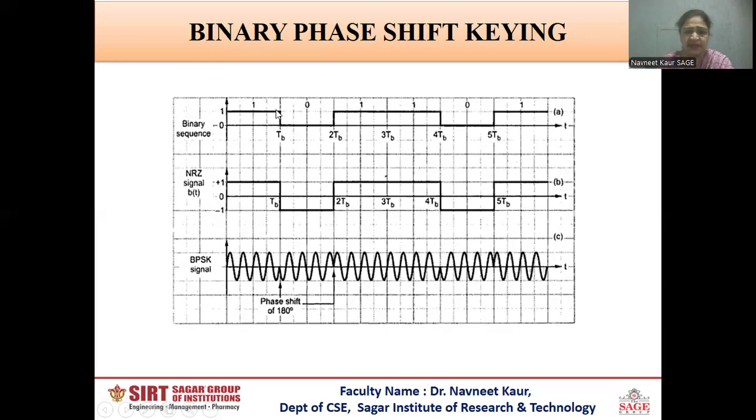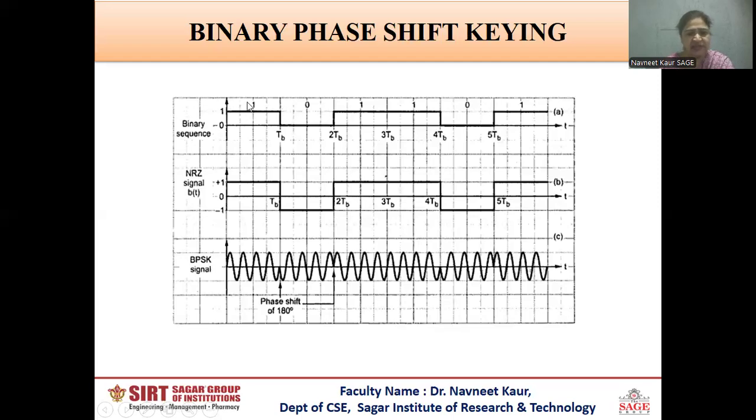It is either having high level or low level. Now, this message signal is a unipolar message signal. Unipolar message signal means that it is having only one polarity. That means it is either having a positive voltage or zero voltage. That means only one polarity is there, which is positive polarity.